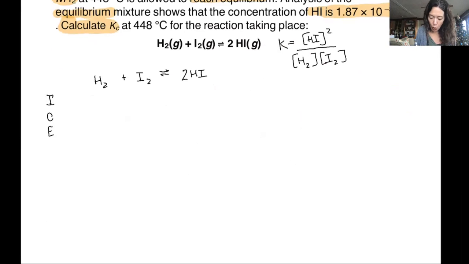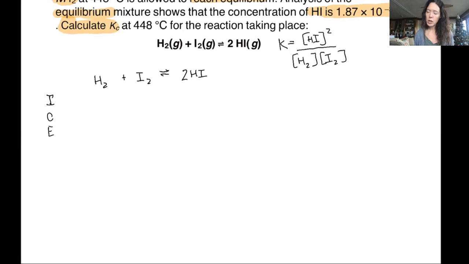Note that C, the change, is dependent upon the stoichiometry of the reaction. That means the coefficients, the mole ratios. E is the concentration at equilibrium. You need to realize that I plus C equals E.